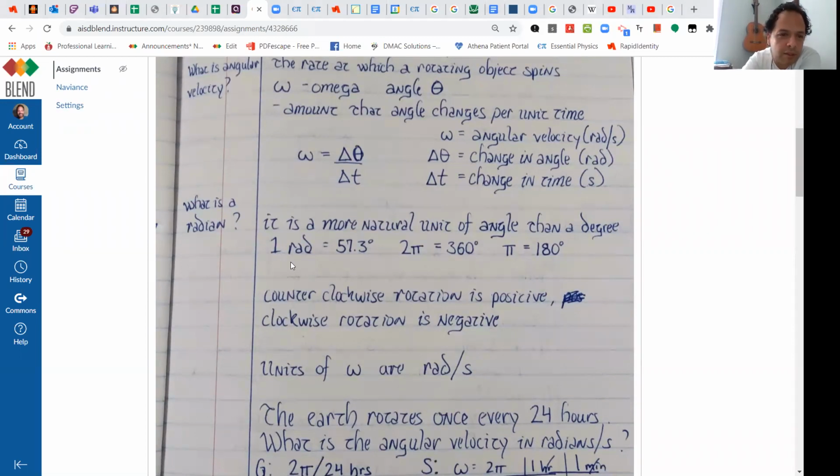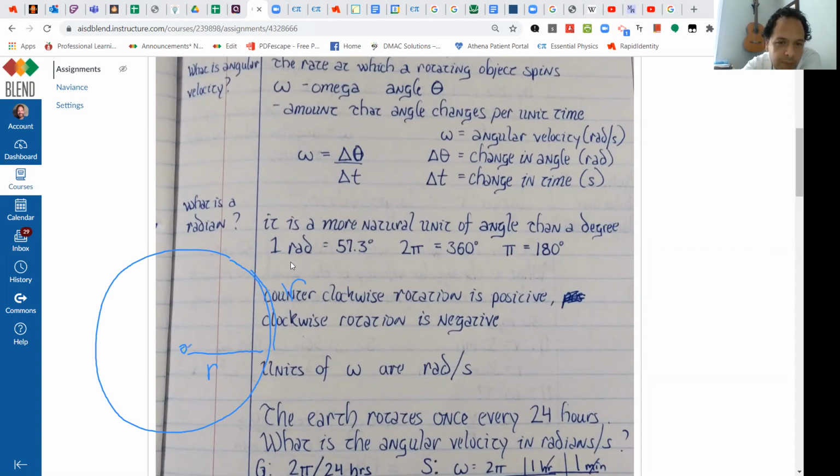So this is where it gets interesting. So you have a circle, and then we have a radius, right? So here's my radius. The distance of one radius along the circumference, r, that is 1 radian.